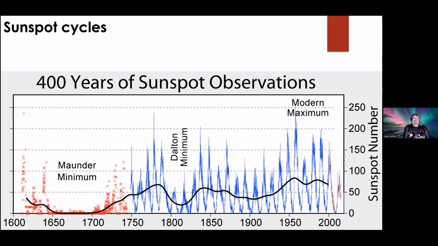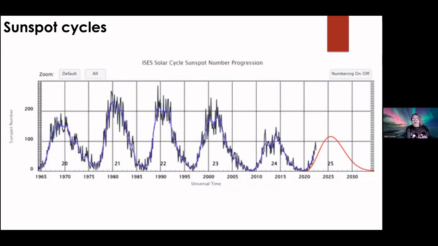And believe it or not, this is how long a history we have of sunspot observations that you can see on the screen. And some minimum periods have been observed. One is called the Maunder minimum, another is the Dalton minimum, and probably we are in another minimum now.